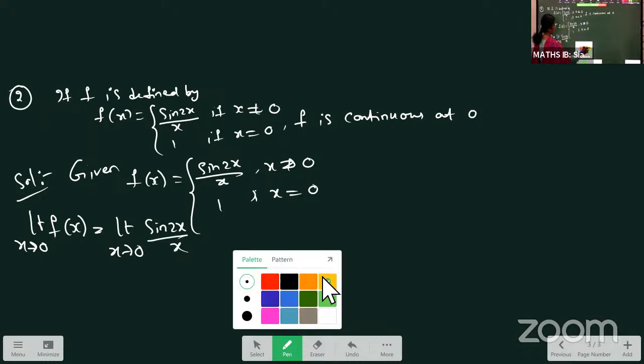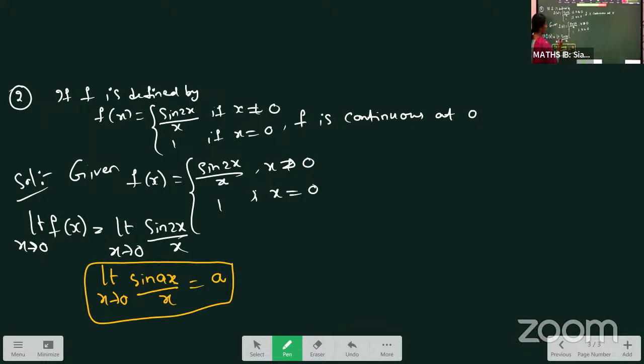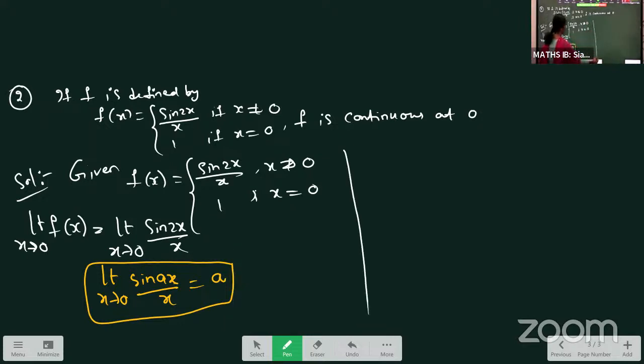In the previous question we discussed. It is in the form of limit x tends to 0, sin ax by x is equal to a. So by using this formula, limit x tends to 0, sin 2x by x, what we get? 2. So limit x tends to 0, f of x is equal to 2.